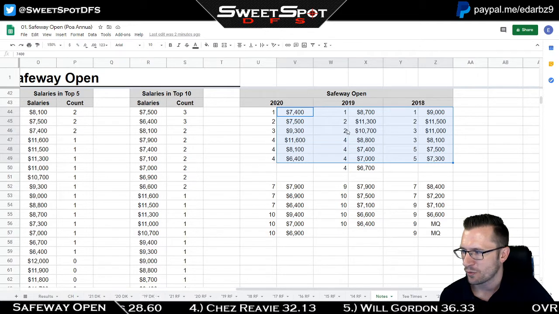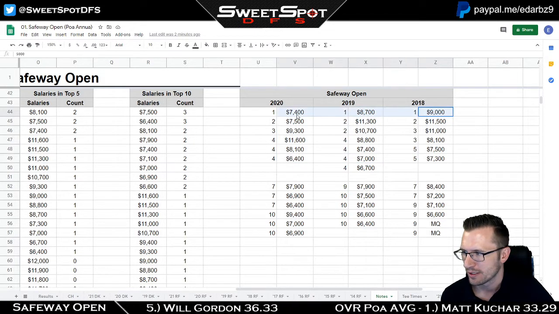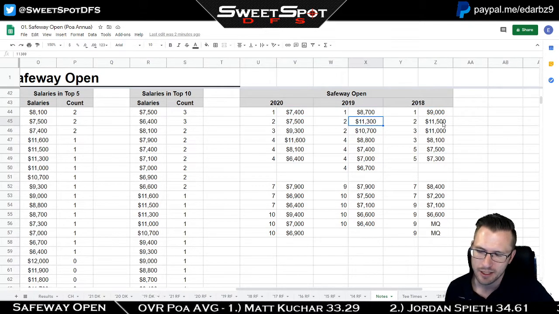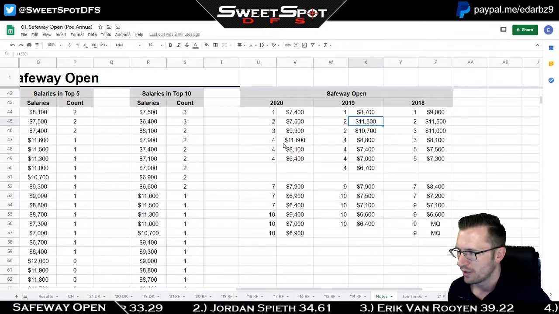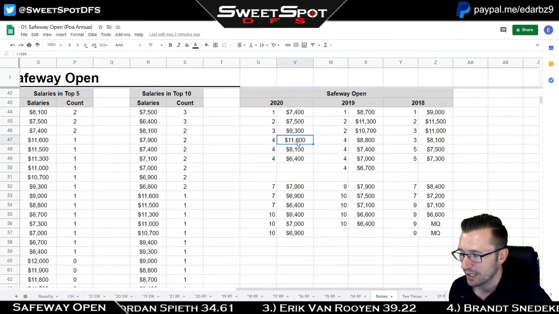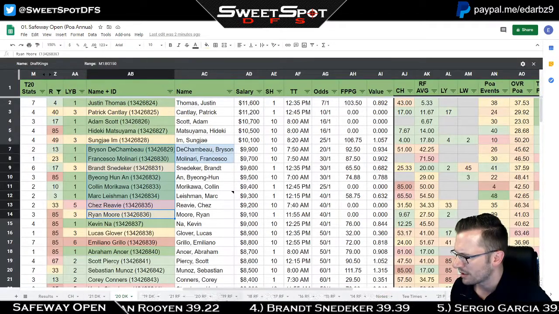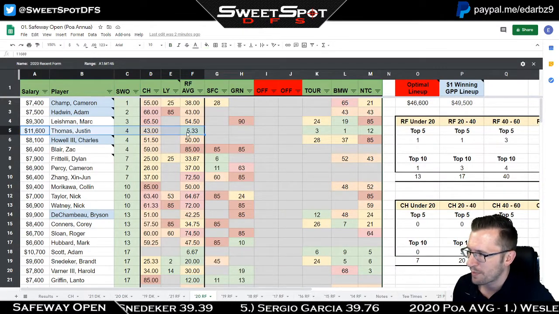One thing that I would add with the pricing is, I like to think of anyone that's priced 11K or above needs to finish 3rd or better. We don't see that here in 2020. And in fact, I don't believe that guy was a part of the optimal lineup. Yeah, it was JT. He was not a part of the optimal lineup.